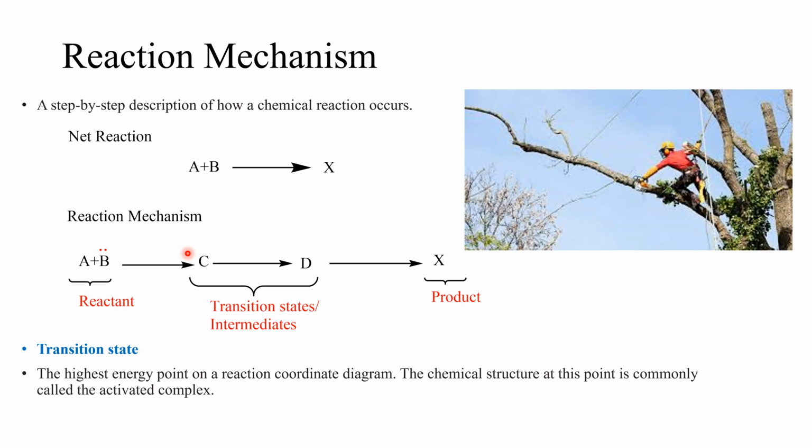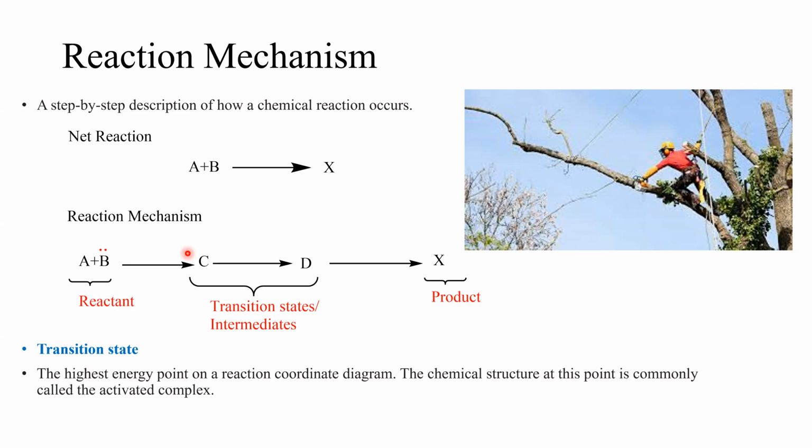The intermediate is basically the stable transition form, and the temporary modification of the reactants on reaching the point of their product is basically the transition state. That will be more understandable when I share the next slide. The transition state, in another way, we call the highest energy point on a reaction coordinate diagram. I will talk about what the reaction coordinate diagram is.